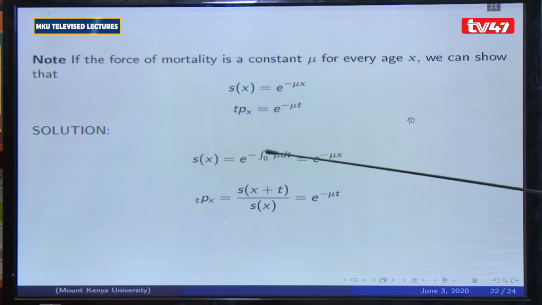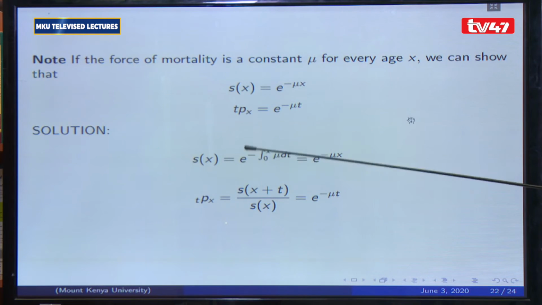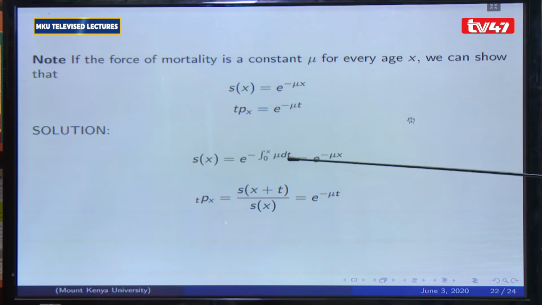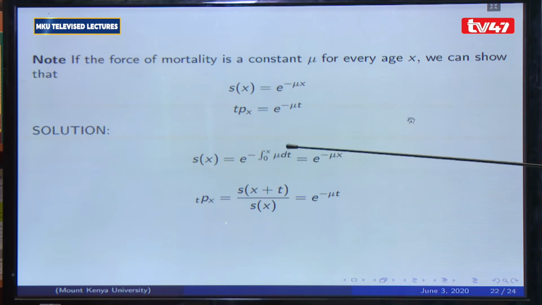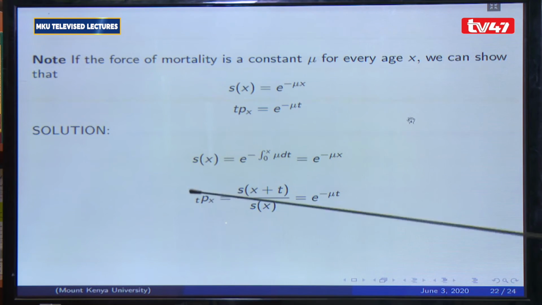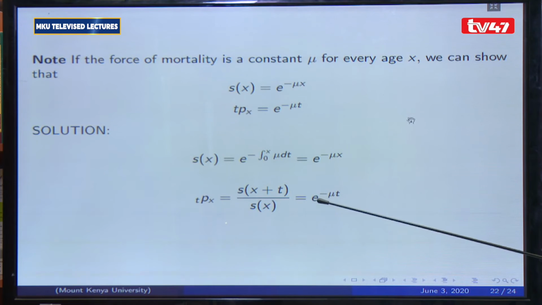We are supposed to have exponential negative the integral from 0 to x of mu with respect to t, and this is what we get here. Tpx can be shown to be equal to e to the power negative mu t.